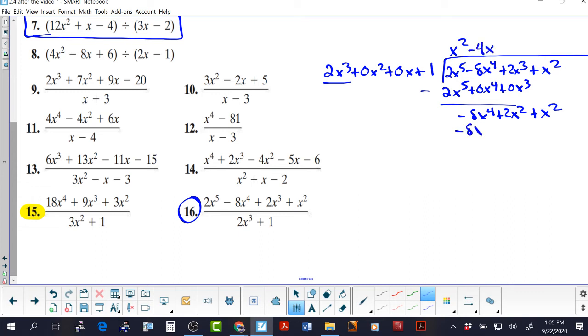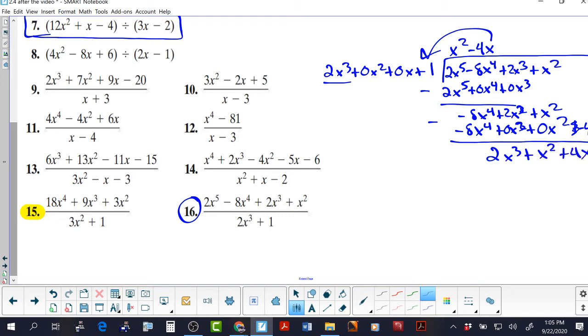So we get minus 8x to the fourth plus 0x to the third, 0x squared minus, that'll be a minus 4x when you multiply that right there. So when we subtract, we get 2x to the third plus x squared plus 4x.